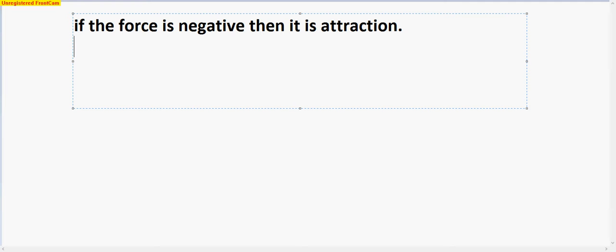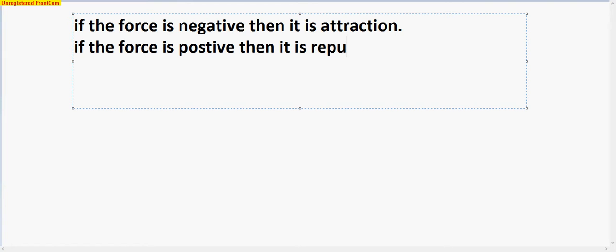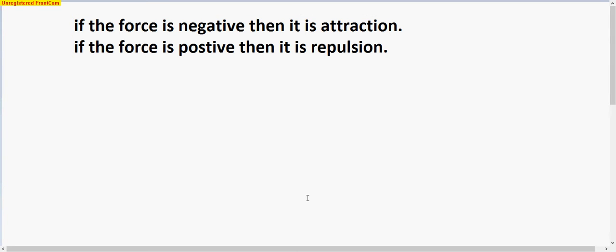Or if the force is positive, then it is repulsion. If the force is negative, it is attraction. If the force is positive, it is repulsion. Right?